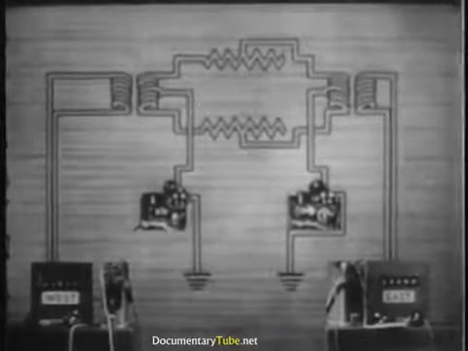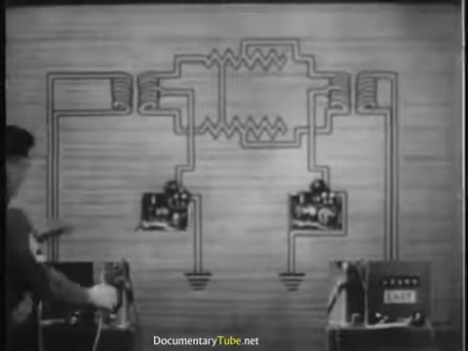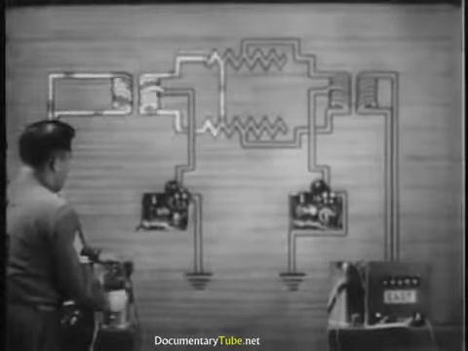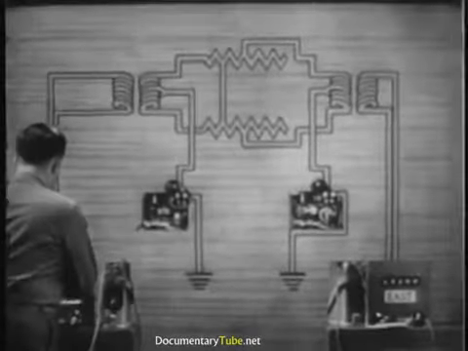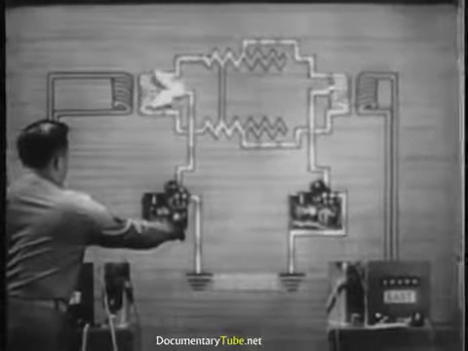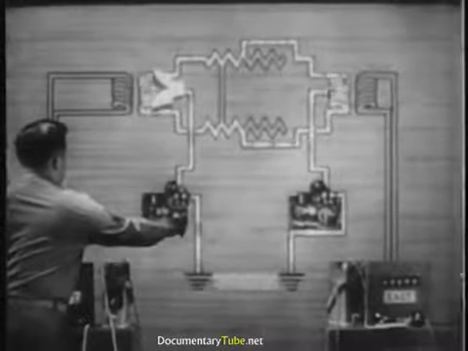Suppose the line is accidentally shorted. What happens to the telephone current? Because of the short, it never reaches its destination. The telegraph current, however, follows its normal path. It divides equally and flows along the 2 line wires.